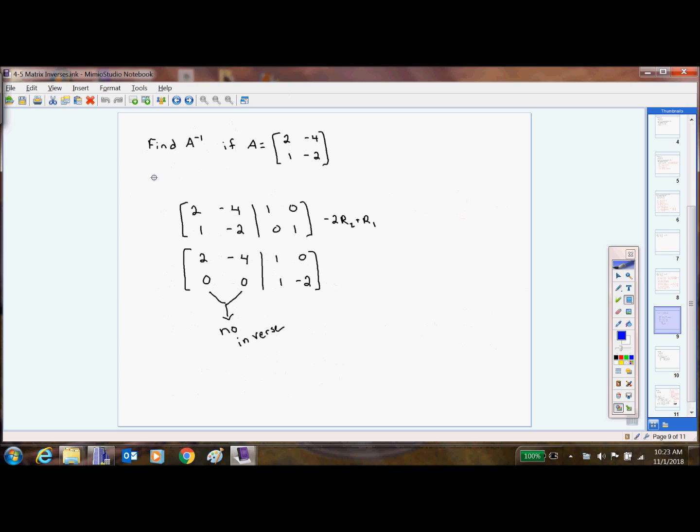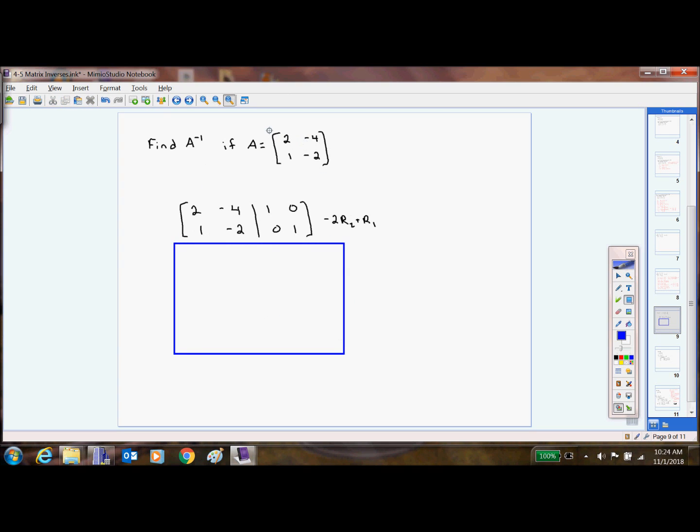So here we have a problem that says to find A inverse, and we can set it up just like we did yesterday, where we've got 2, -4, 1, 0, 1, -2, 0, 1, and if we took -2 times row 2 and added it to row 1, that's going to eliminate so that we can get a 0 here.